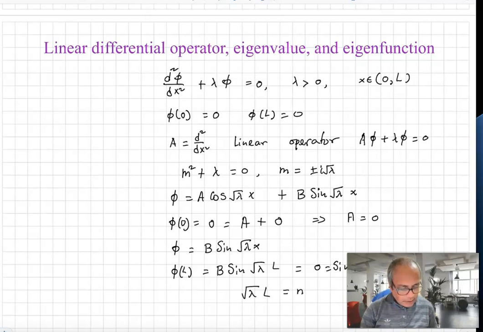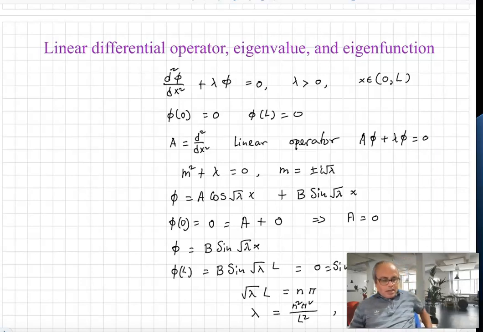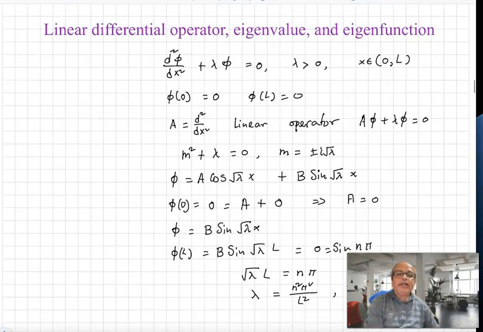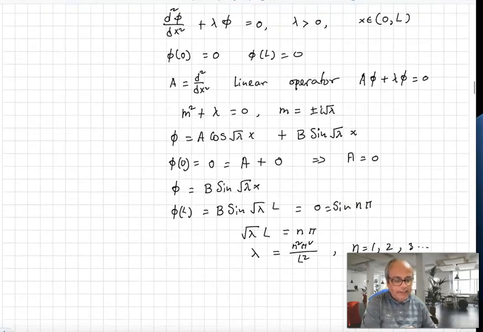The square root of lambda L is n pi, which gives you lambda is n squared pi squared by L squared, with n going from 1 to infinity. Obviously if n increases, lambda increases. The lowest value of lambda is for n equal to 1.